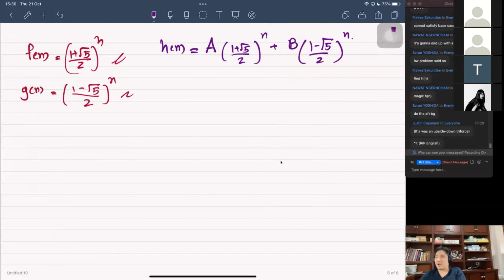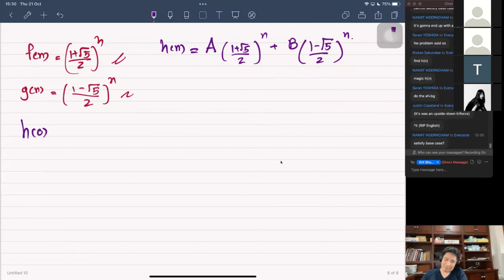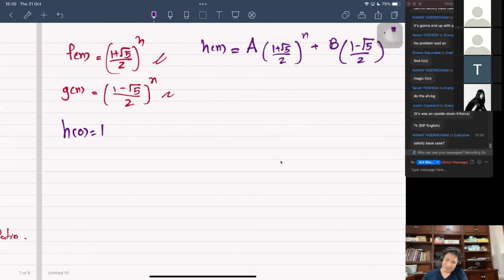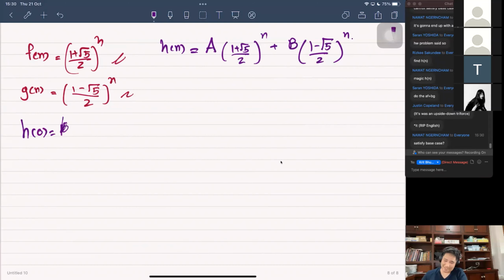What do we hope h of n does? It has to satisfy the base case, right? So we hope that h of 0 has to be 0, and h of 1 needs to be 1.